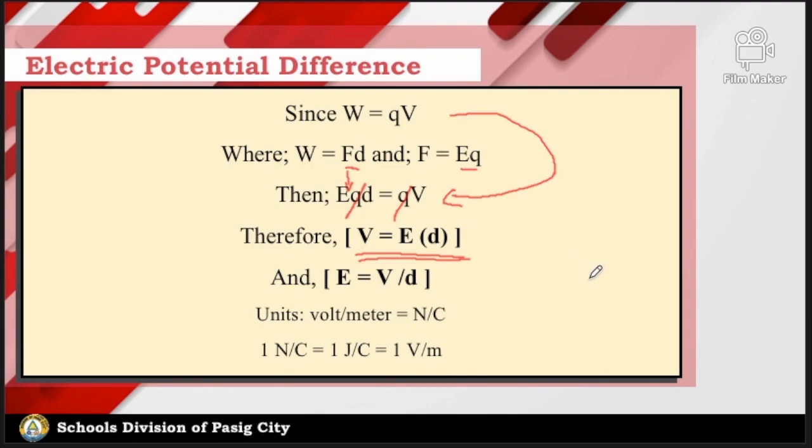Another unit for electric field is volt per meter. Therefore, we can say that 1 Newton per coulomb is equal to 1 Joule per coulomb, which is also equal to 1 volt per meter.